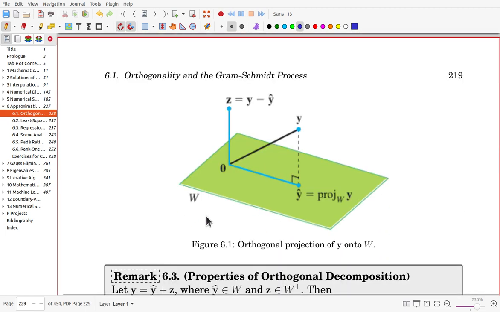Pictorially, y is an arbitrary vector, and W is this green area, a subspace. Now y will be projected onto the subspace, and that will be y hat. The orthogonal component, which is y minus y hat, is z here. So y can be expressed as y hat plus z, right?